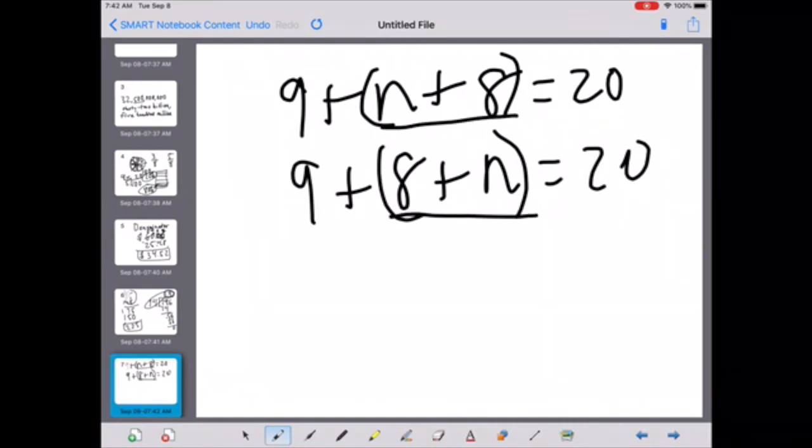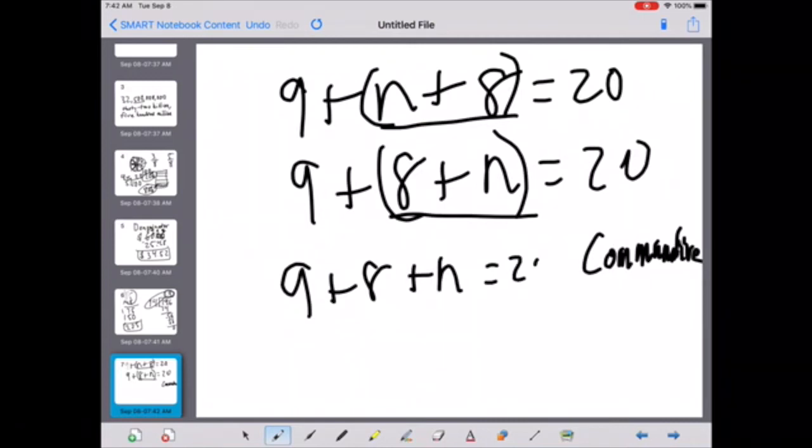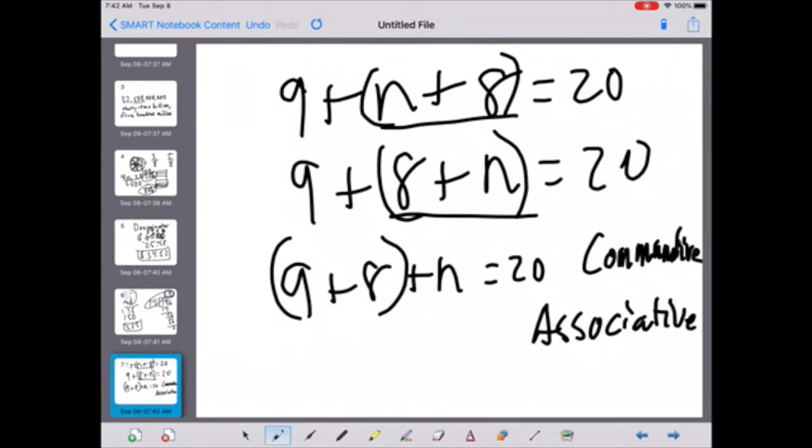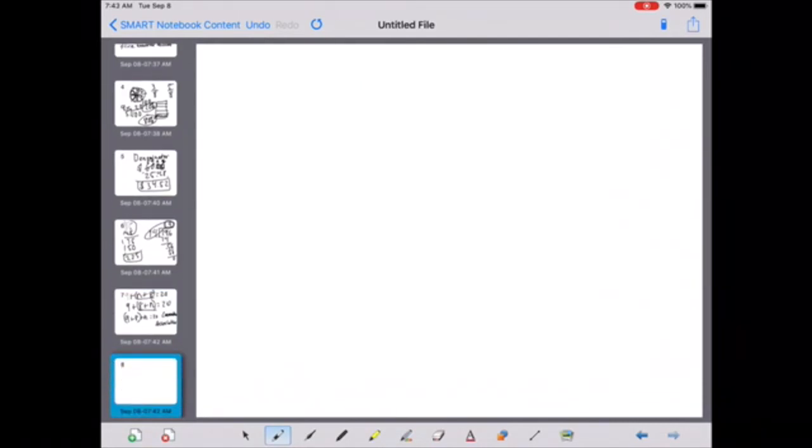Notice the same numbers and letters, different order. That's the commutative property. Then they did 9 plus 8 plus n equals 20, and they switched groupings. When you switch groupings, that's the associative property. So they keep giving us problems with that to make sure we have that.